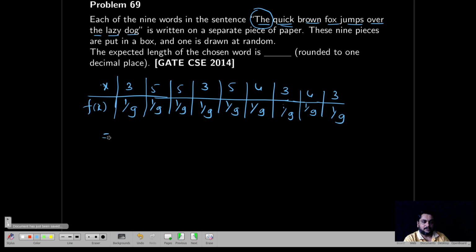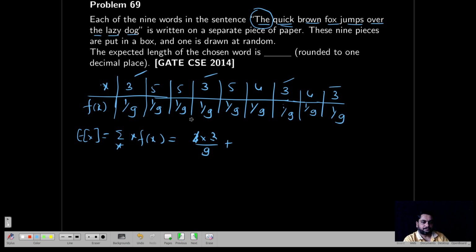So now what is the expected value? E of x equals the summation of x times f of x. So you go on multiplying 3 into 1 by 9. How many 3s are there? 1, 2, 3, 4 are there. 4 into 3 by 9, right? Plus how many 5s are there? 1, 2, 3. 3 into 5 by 9, plus 4.